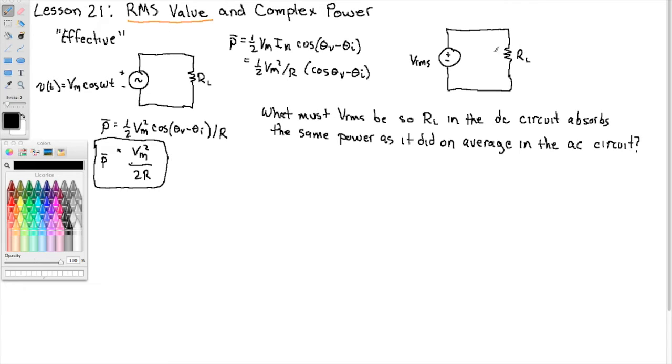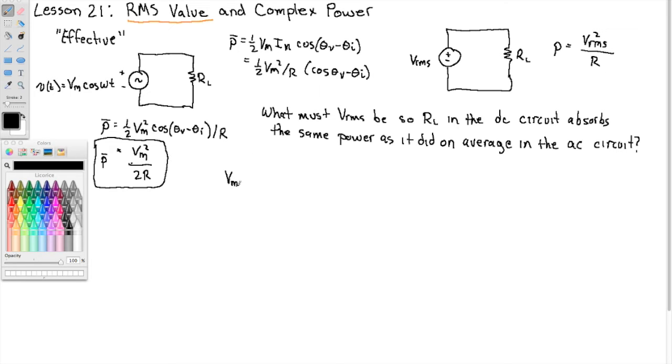Back in DC, when things were nice and easy, the power absorbed by that resistor was V squared over R. So this would be V Rms squared over R. Now we want to answer this question, so let's set these two powers equal to one another.